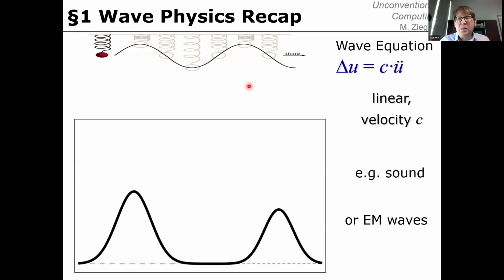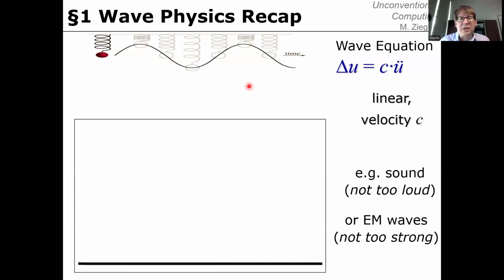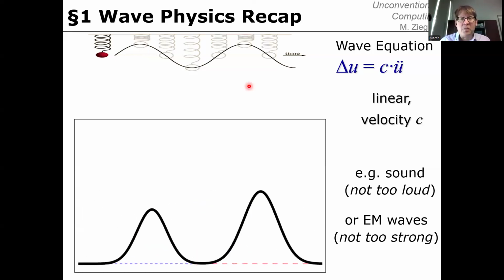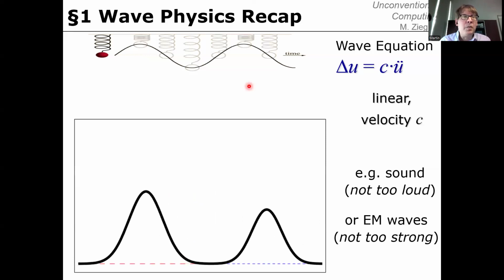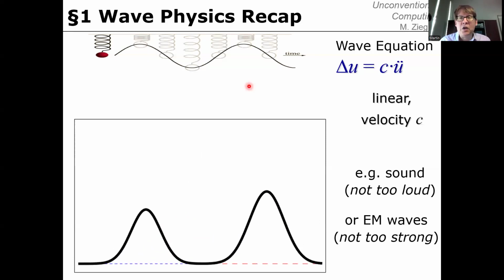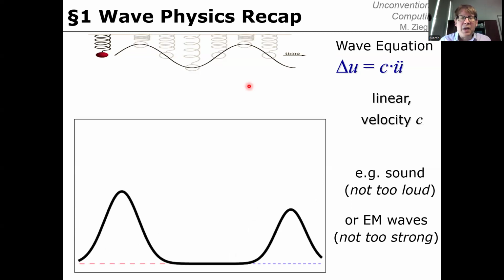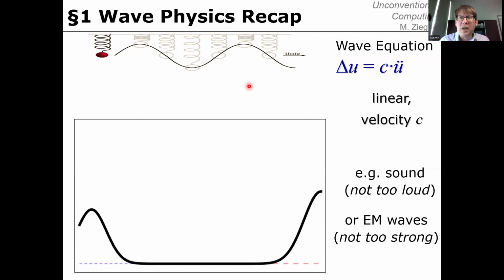And this is true as long as the sound is not too loud, or as long as the electromagnetic waves are not too strong, or as long as the amplitude of the springs is not too large. If the amplitude becomes too large, then the effect becomes nonlinear.